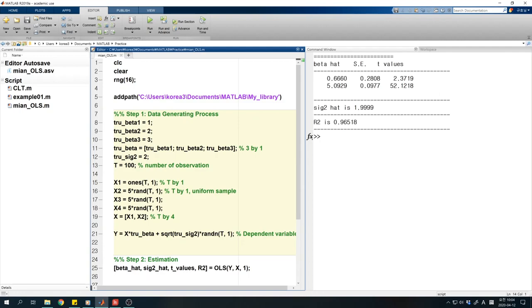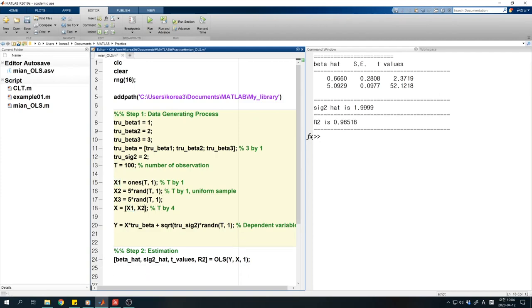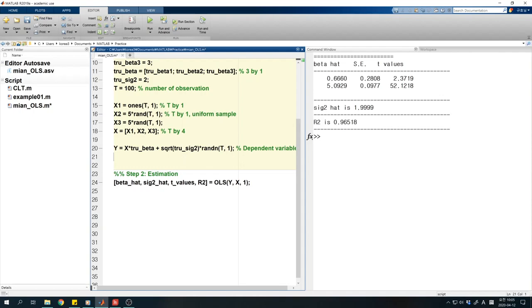And we have three exogenous variables, x1, x2, and x3, so X must be a matrix of x1, x2, and x3, right? Okay, so this is the DGP, and then we are not going to use the OLS.